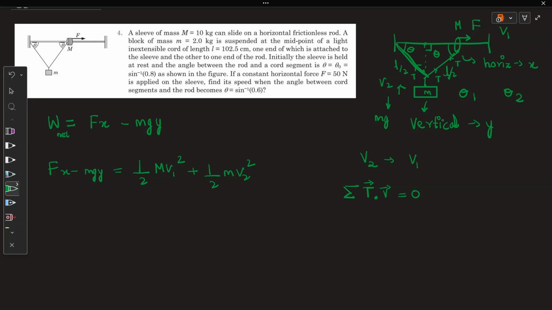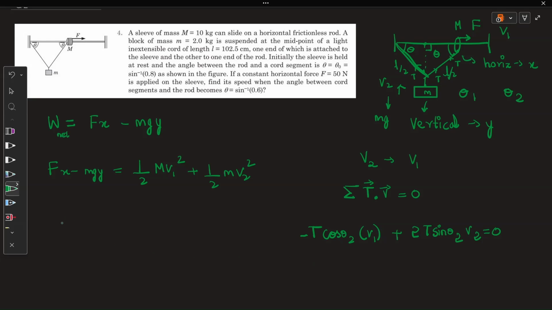So V1 and V2 are at the angle theta 2. So T cos theta 2 into V1, but they are in opposite directions, so negative sign, plus T sine theta, but there are two T's, so 2T sine theta 2 into V2 is 0.